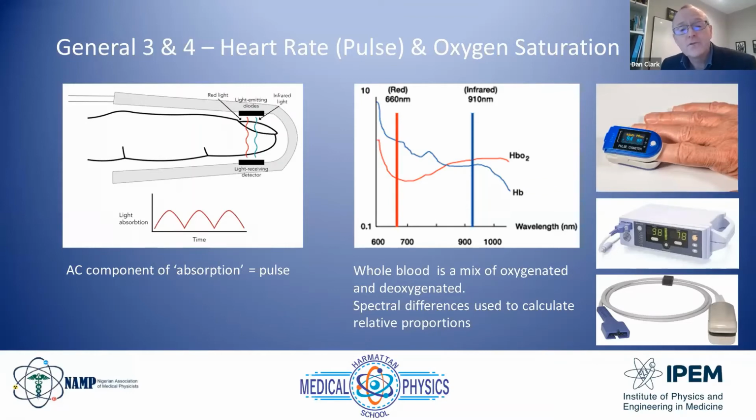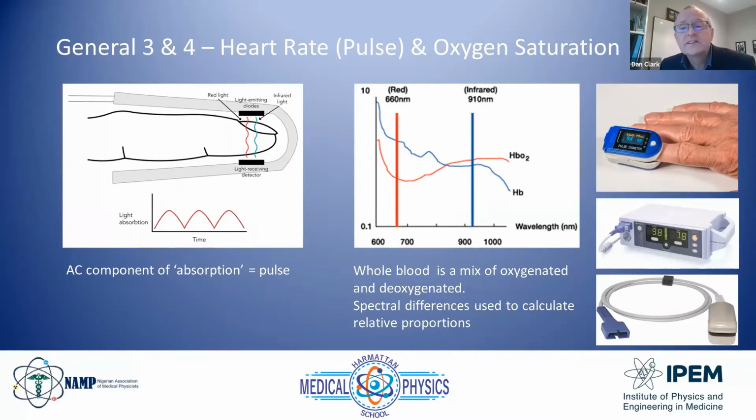If we pass light through the finger at two different wavelengths, and in this example we're showing red at 660 nanometers and infrared at 910 nanometers, the amount of absorption at those two wavelengths against those two different spectra, oxygenated and deoxygenated blood, gives us a difference. And that difference, with a clever little algorithm, can tell us the percentage of oxygenated blood that we've got.